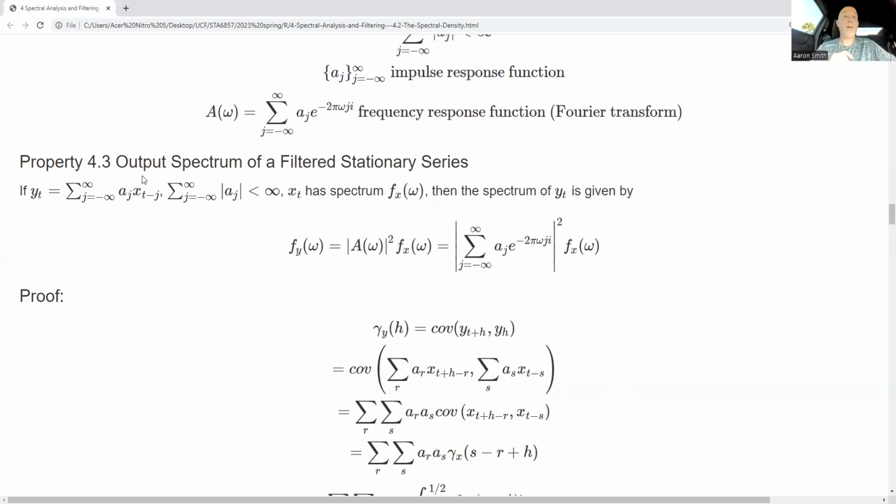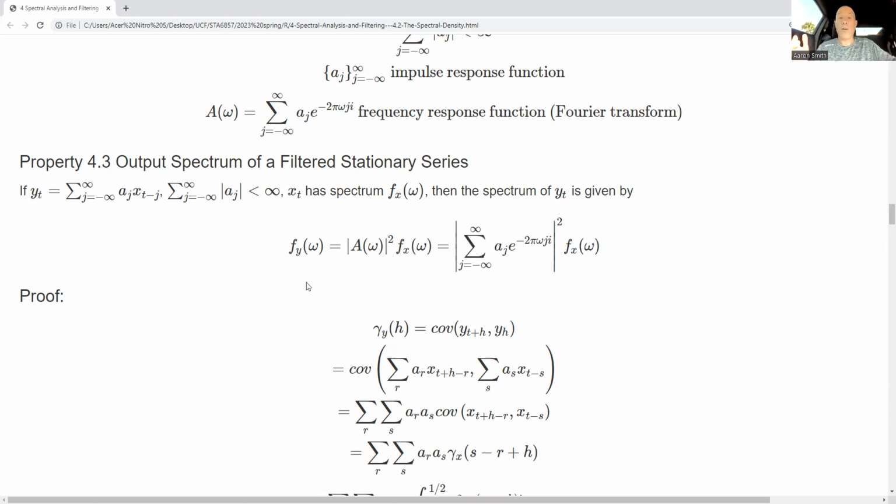We're going to use this in a moment to work out some details and to show how valuable this property is. If y sub t is equal to the convolution of another time series, and the coefficients are absolutely summable, and x has a spectral density function, then the spectrum of y is given by this formula, where I take that a we talked about a moment ago, take its modulus and square it, and then multiply by the spectral density function of x sub t. We can rewrite this just a little bit more explicitly here.